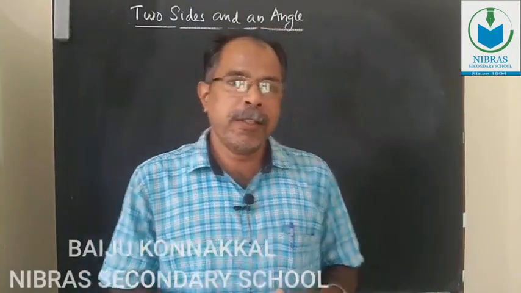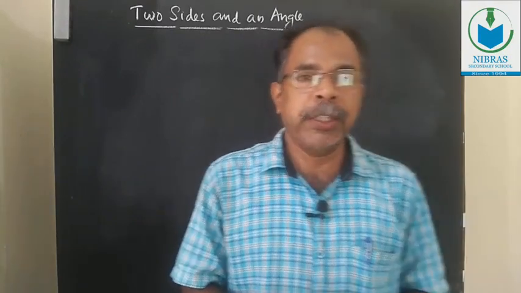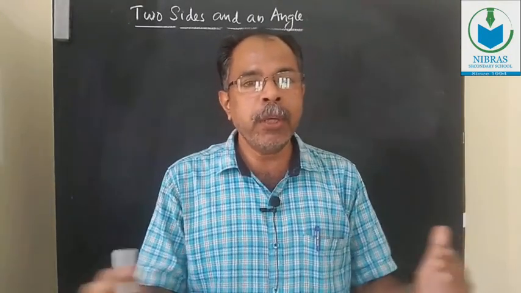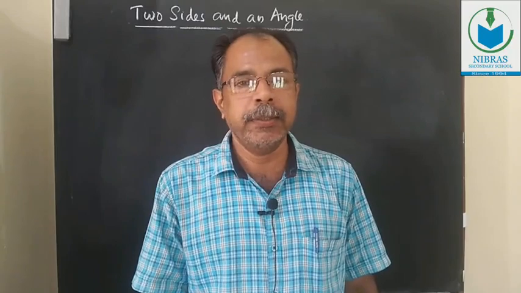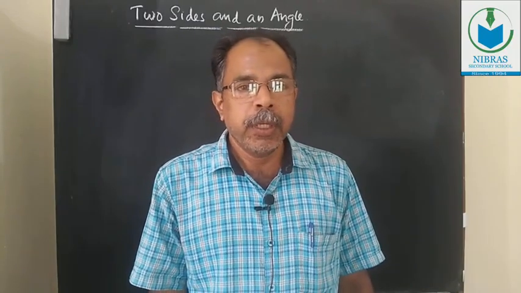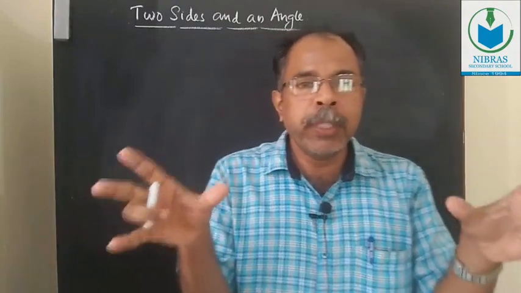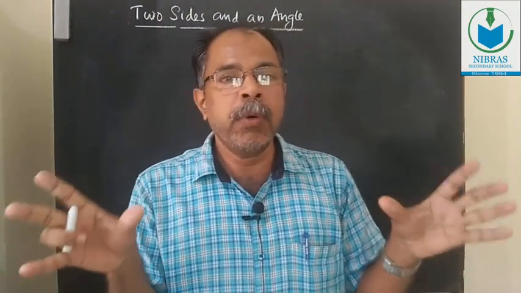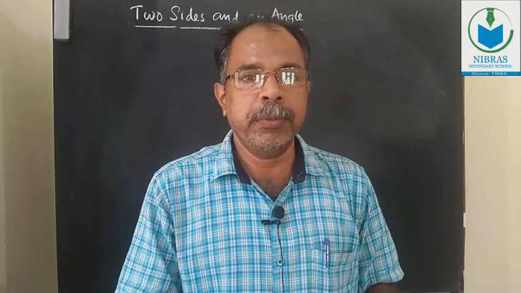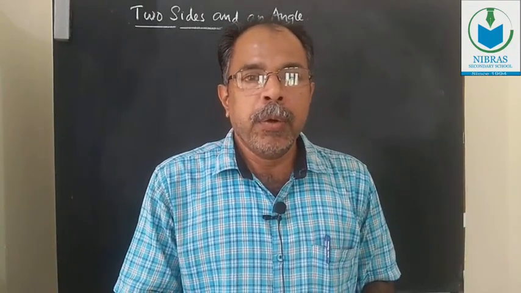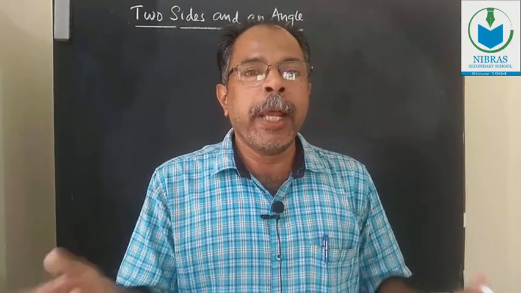In our last class, we learned the concept of equality of two triangles. Right? For two triangles to be equal, the condition to be satisfied. That was our last class topic. When do we call two triangles equal?